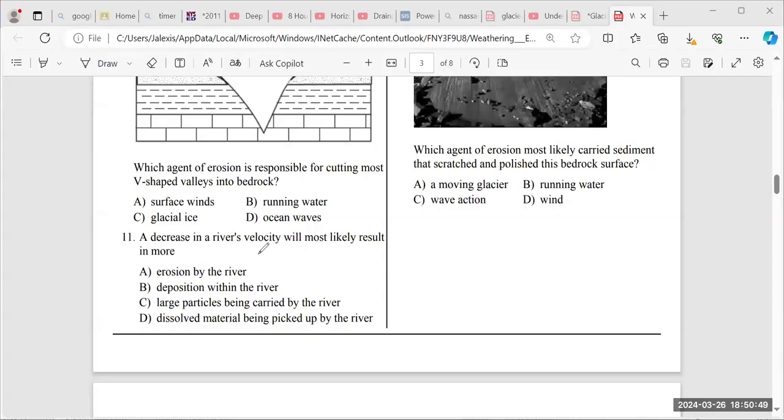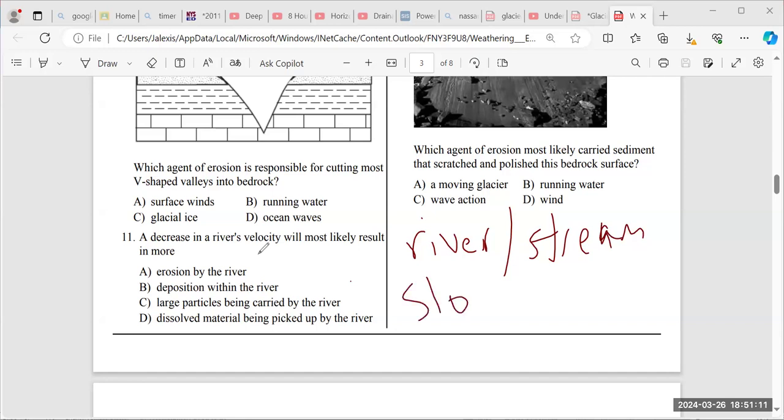All right, number 11. Number 11 says a decrease in a river's velocity will most likely result in more what? As we said before, when a river or stream slows down, as soon as it begins to slow down, we know that deposition occurs.